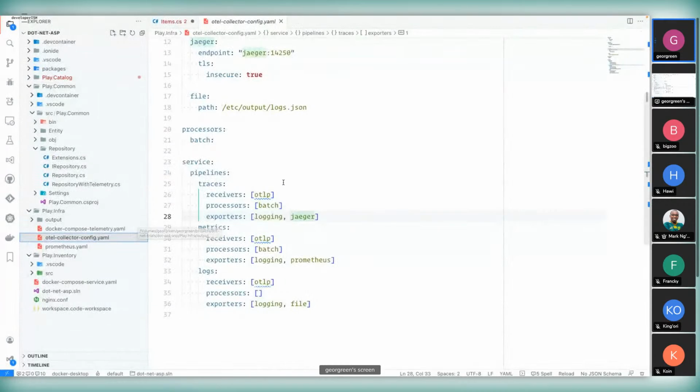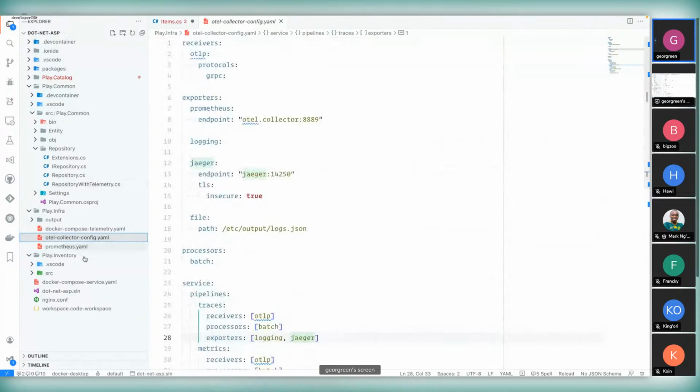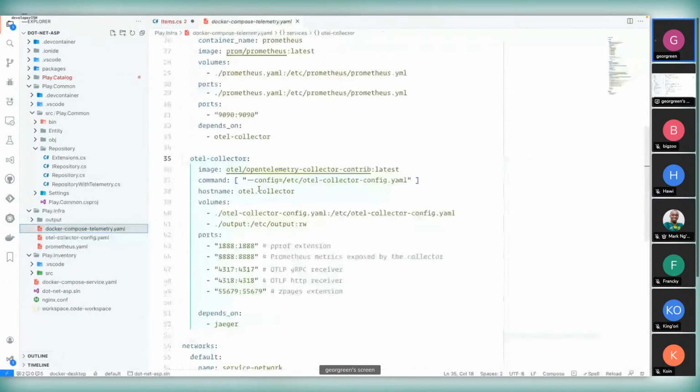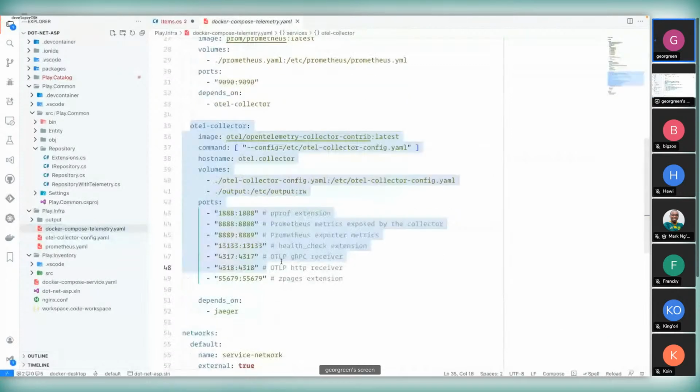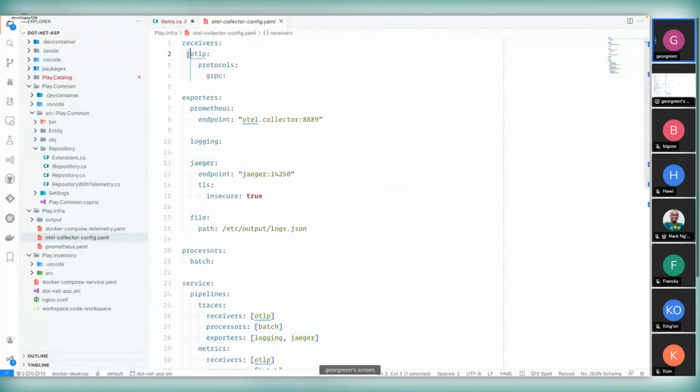I think that's it. So a lot of questions on OpenTelemetry Collector. It's a third-party service. If I can just go quickly through it. It's an API. And what it does, if you look at the configuration, it has this thing called a receiver section. Receiver just means where the logs will come from. Right now I'm saying my logs will come from OTLP and the protocol is gRPC.